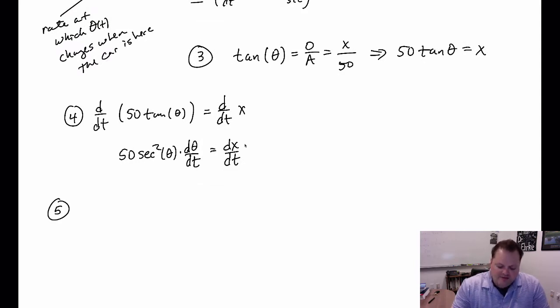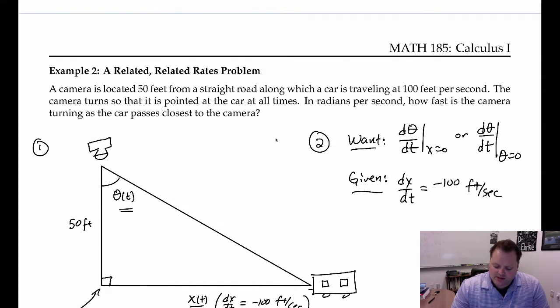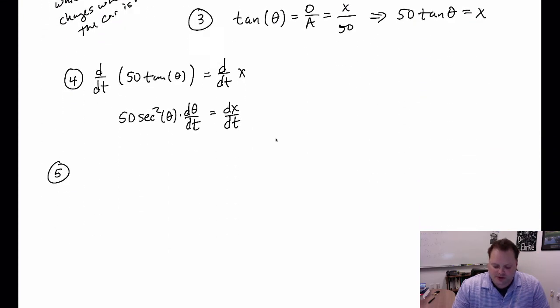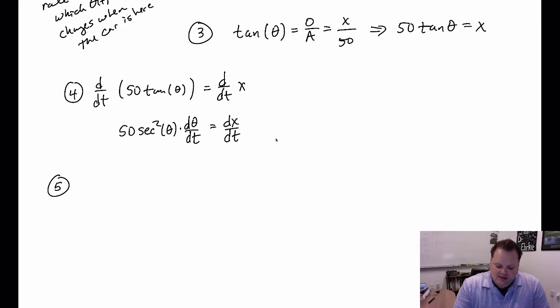Then step 5, I'm going to solve for the wanted rate. The wanted rate is d theta dt. Now I have to think, is it going to be better to use x equals 0 or theta equal to 0 here? And you can see that I don't have any information about x anywhere in this problem after I've taken the derivative, but theta appears right there. So I want to solve for d theta dt when theta is equal to 0.